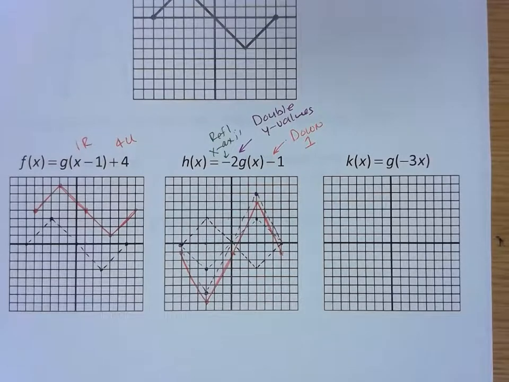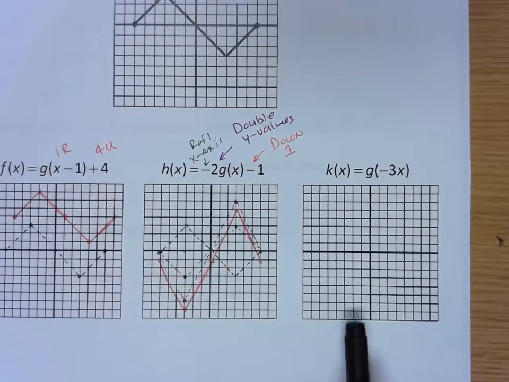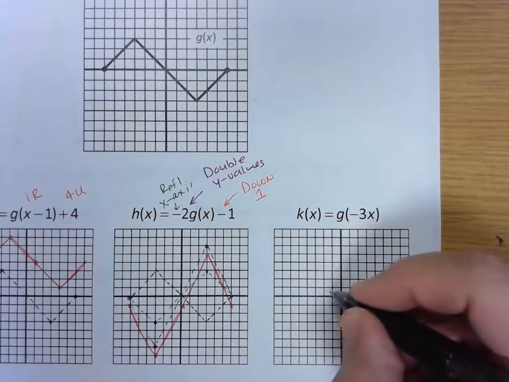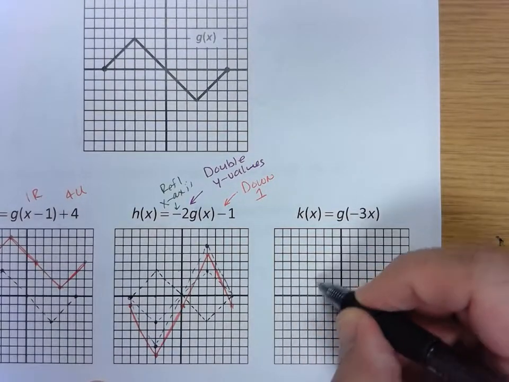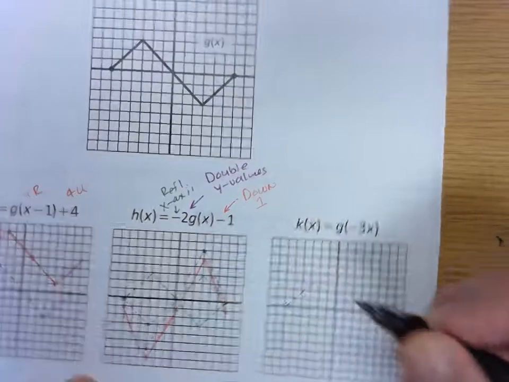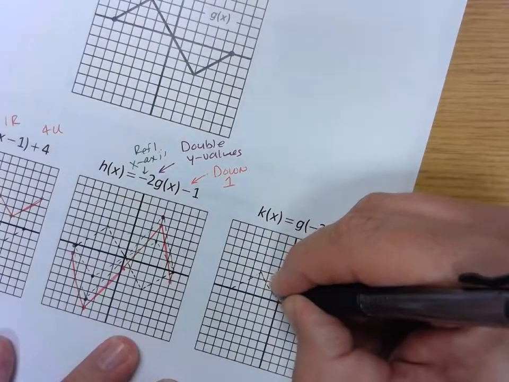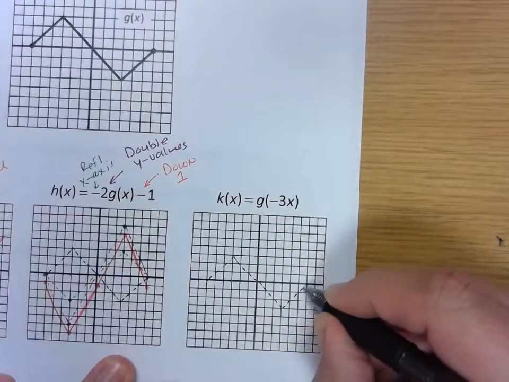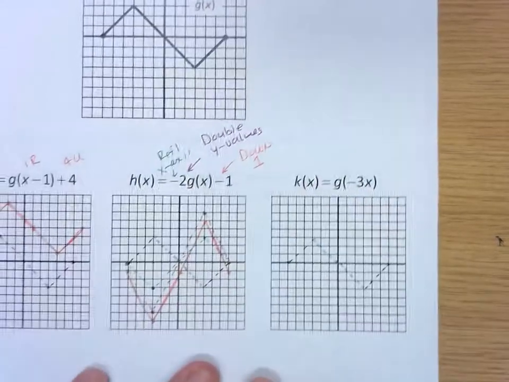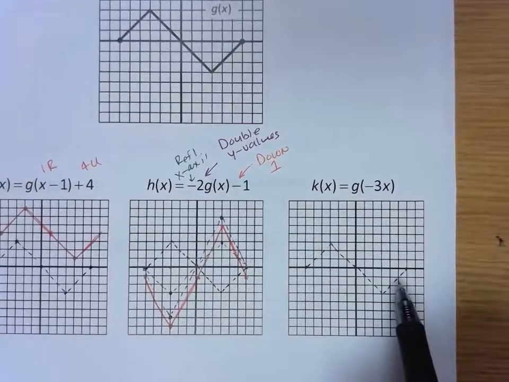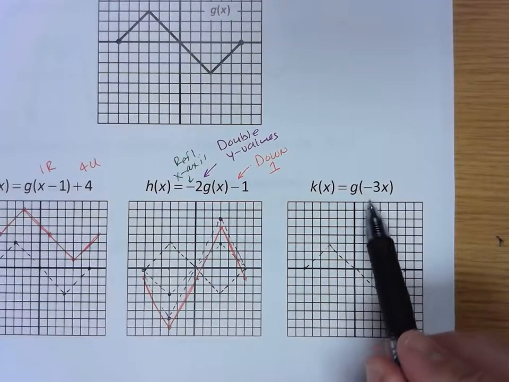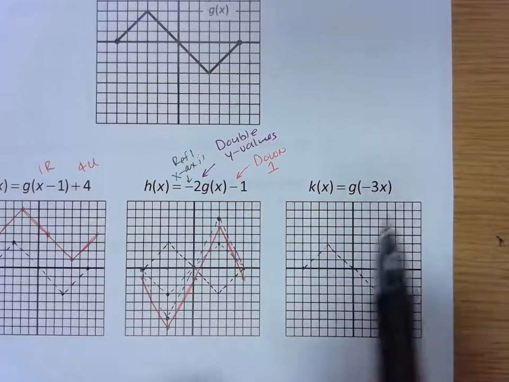Okay? And one more example. Let me go back to my original graph of G and plot it real quickly so we can do these transformations to it. Okay. Alright, so there's the original zigzaggy shape of G. The 2 transformations done here are a reflection about the y-axis, because that's a negative on the inside.